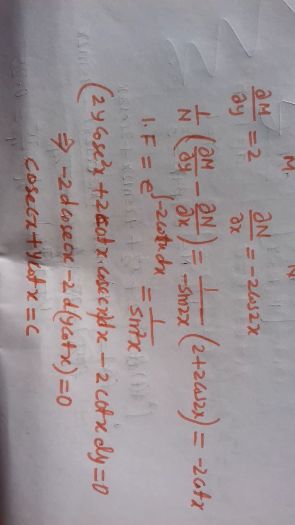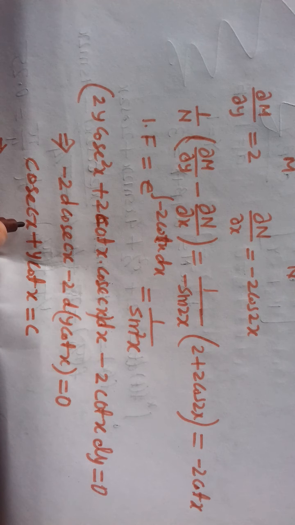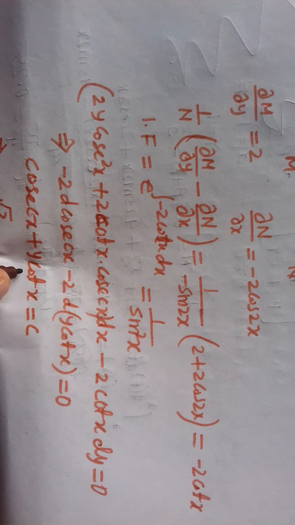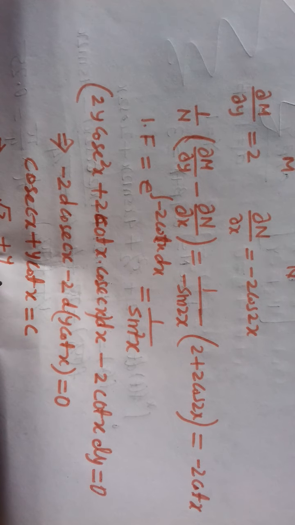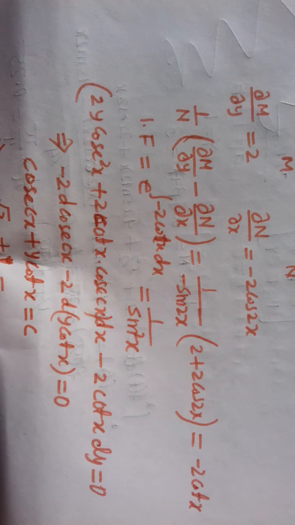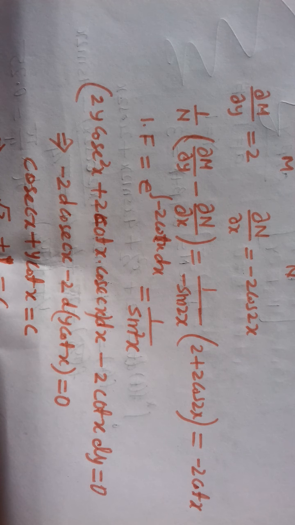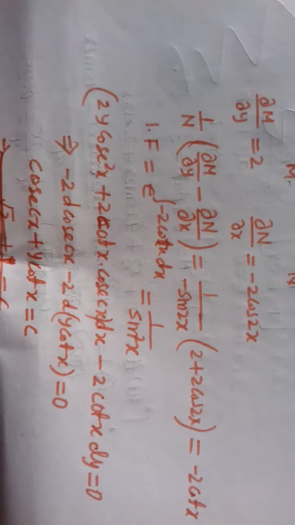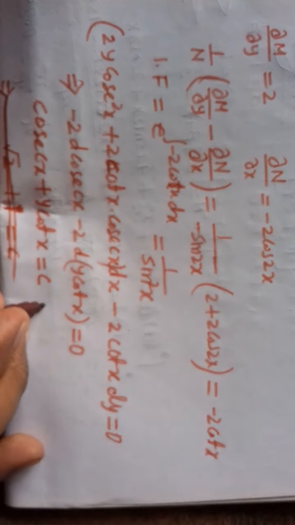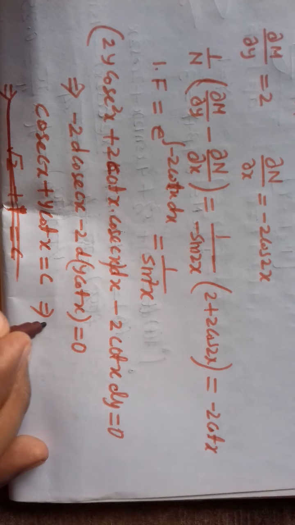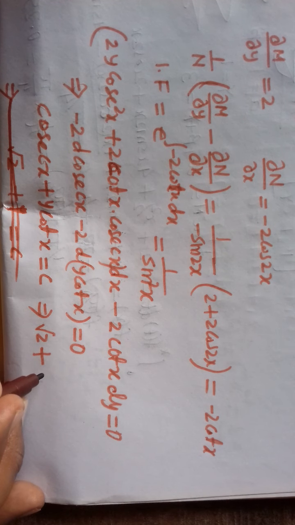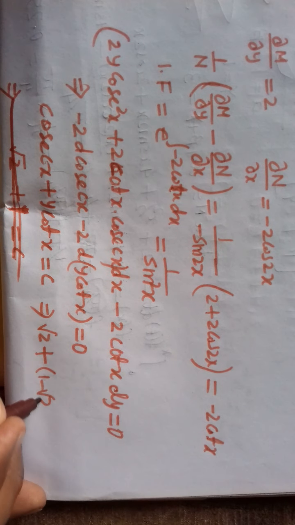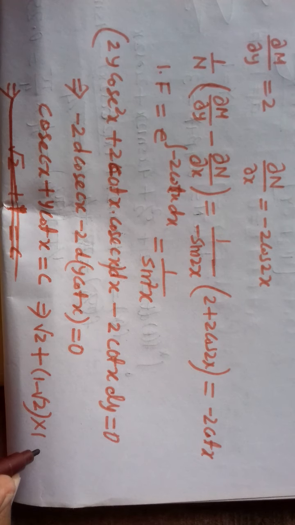Now in the question it is given that x equals to pi by 4. At x equals to pi by 4, cosec x will be root 2, and y at x equals to pi by 4 is given as 1 minus root 2, and cot x will be 1 for pi by 4.